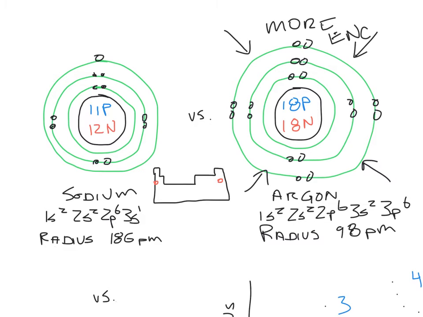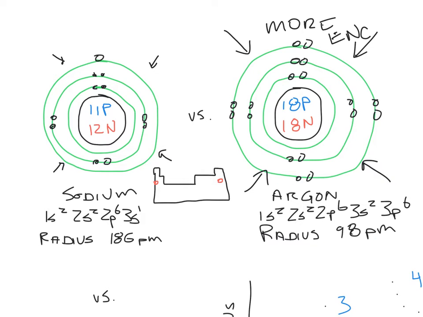But basically it has the same amount of inner electrons providing repulsion. These 10 inner electrons here, they're the same as sodium's. But it has significantly more protons providing attraction. So it has a higher effective nuclear charge than sodium. So it draws its electrons in more tightly, making its radius smaller.